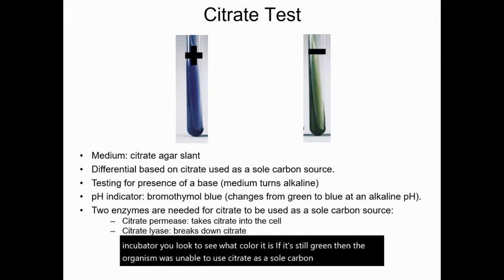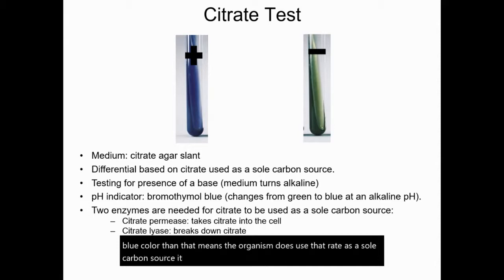It does not have citrate permease or citrate lyase. So again, not using citrate as a sole carbon source. However, if you take the media out of the incubator and it's a deep royal blue color, then that means the organism does use citrate as a sole carbon source.